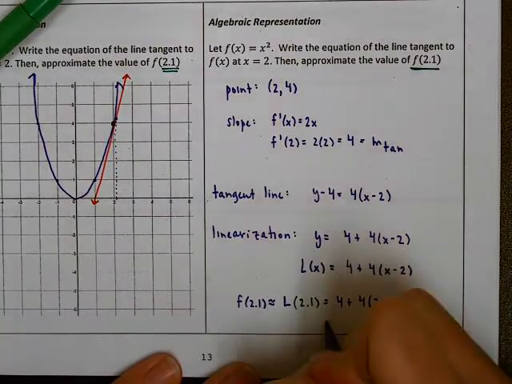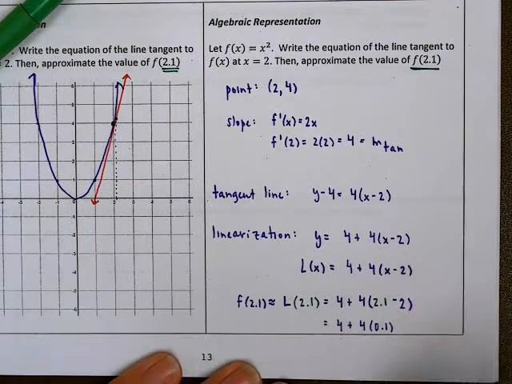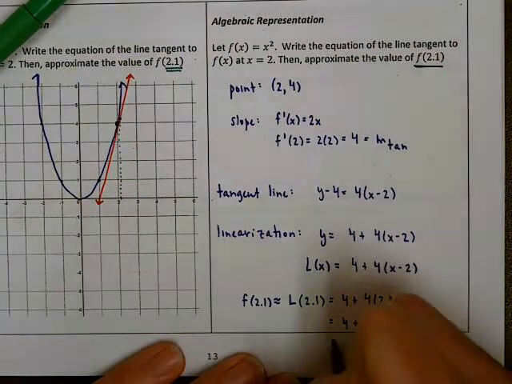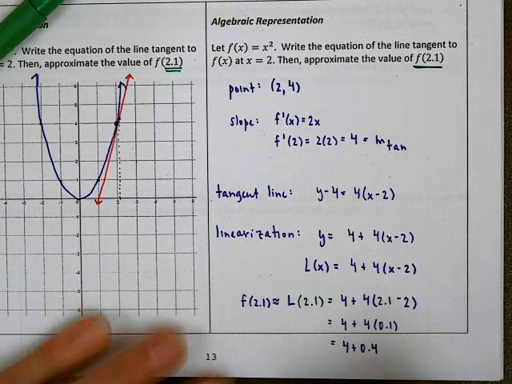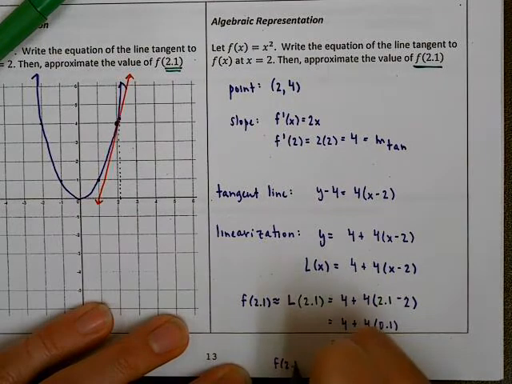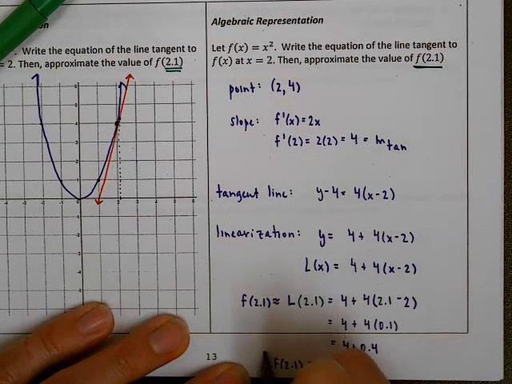So now this is equal to 4 plus 4 times 0.1. 0.1 times 4 is just 0.4. So now I know that f of 2.1 is approximately 4.4.